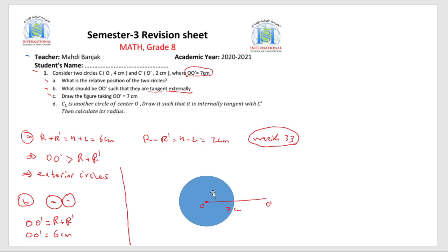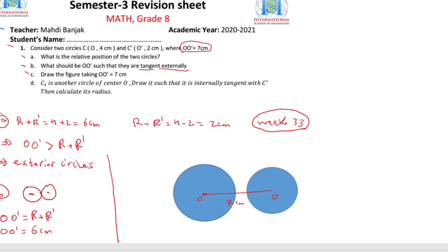The second circle should be apart from it, but smaller. It must be of radius 2 centimeters, with center O prime.